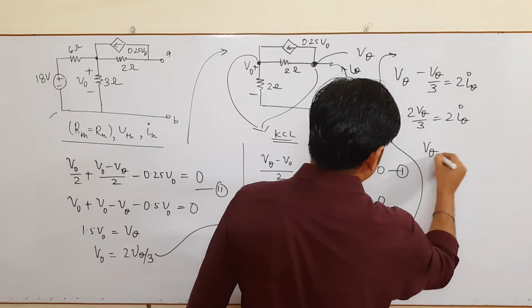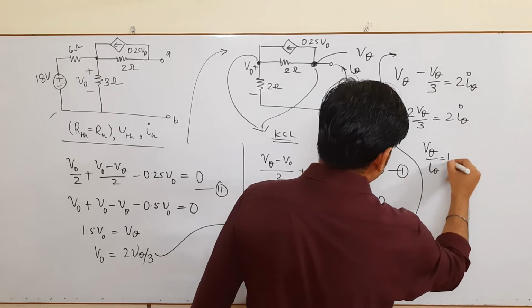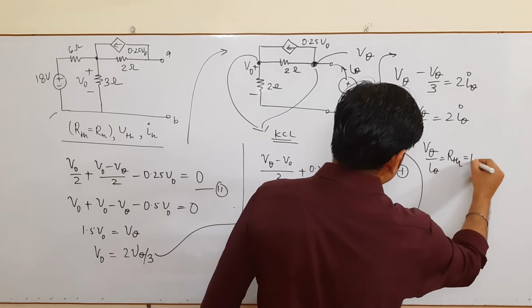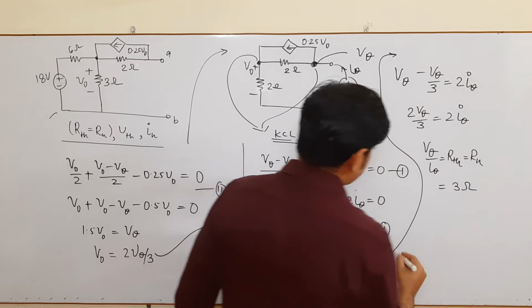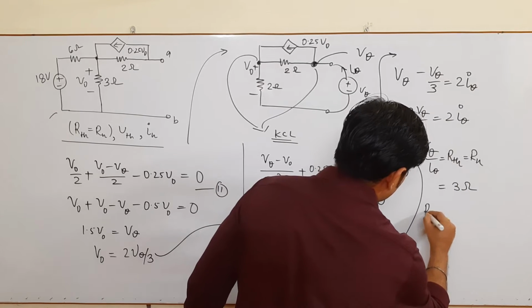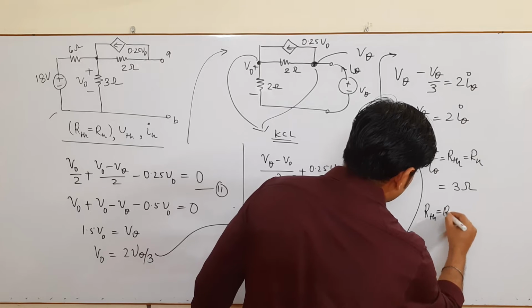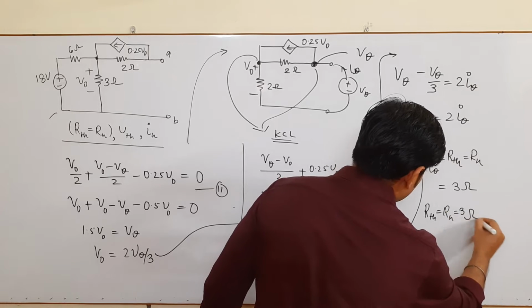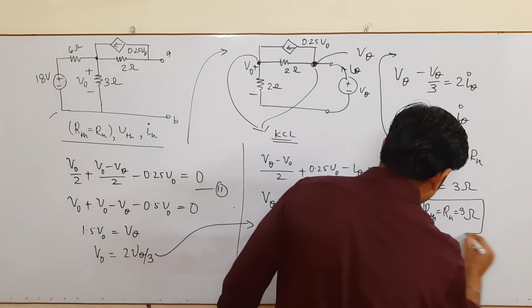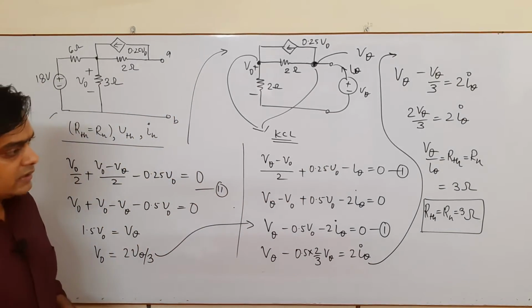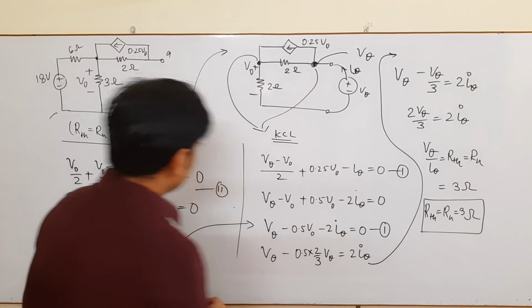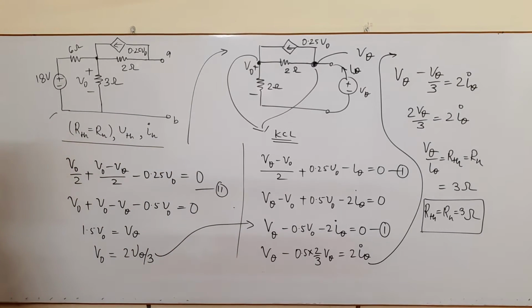So you can say V theta by I theta, that is RTH, that is Rn, that is equal to 3 ohm. Very important. So finally we have found the value of RTH and Rn, that is 3 ohm. Okay, so this is the value through which we have found the value of RTH.